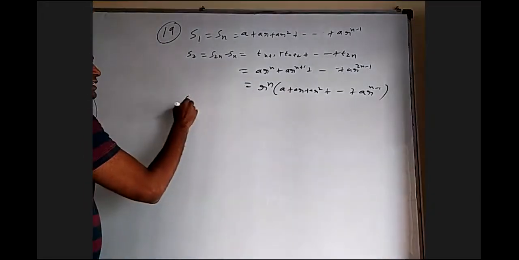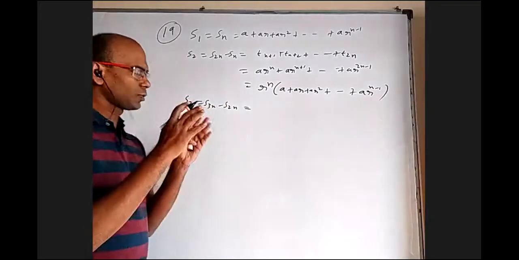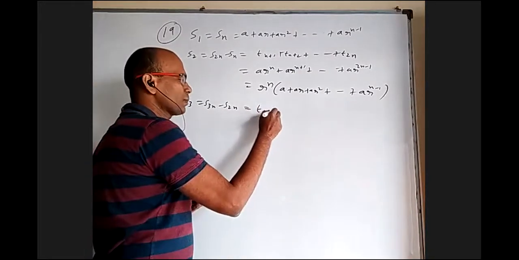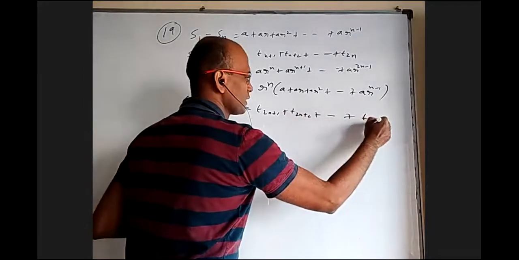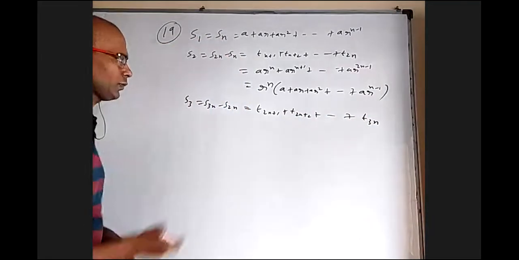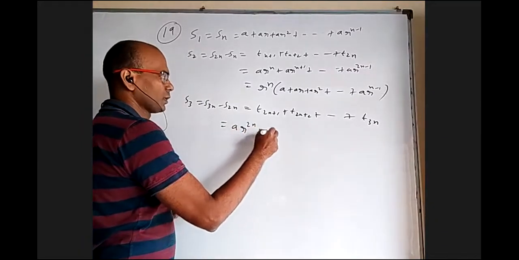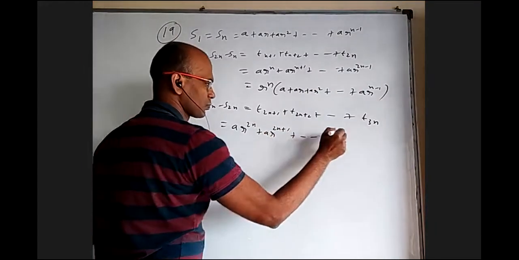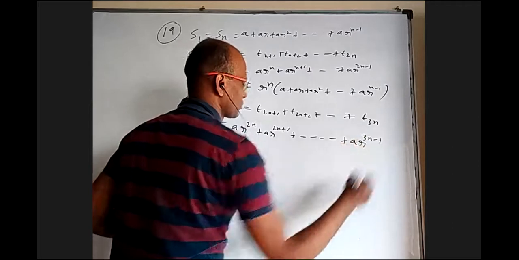If I take S3, which is S3n minus S2n, you have to remove the first 2n elements and take the next n elements. So that is the 2n plus 1th term, 2n plus 2th term, so on up to the 3nth term. So that is ar power 2n, the next number after this, ar power 2n plus 1, so on up to ar power 3n minus 1.